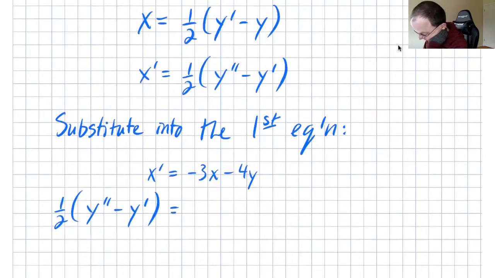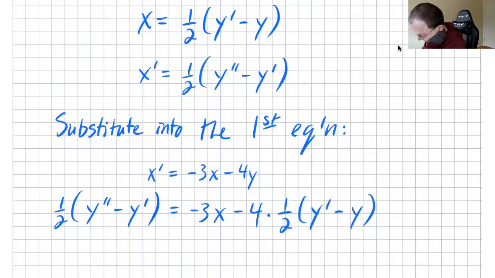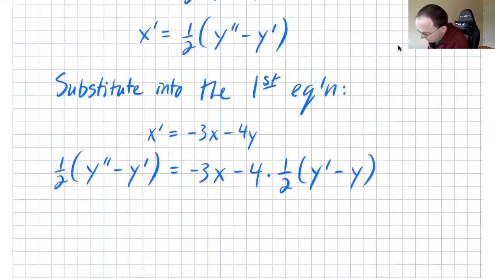And that's going to be equal to negative 3x minus 4 times this. Oh, did I do the right thing?